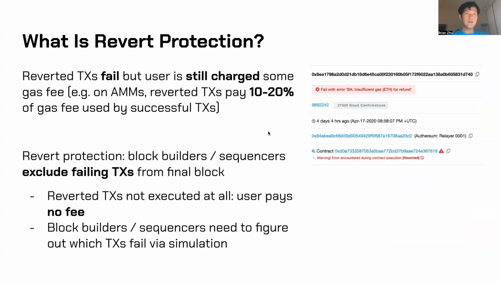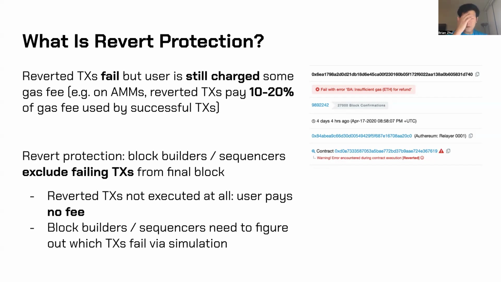So these reverted transactions fail, but the user is still charged some gas fee. For example, on AMMs, reverted transactions will usually cost 10 to 20% of the gas fee that's typically used by successful transactions. So given this, revert protection basically is a scheme where block builders and sequencers exclude these failed transactions completely from the final block.